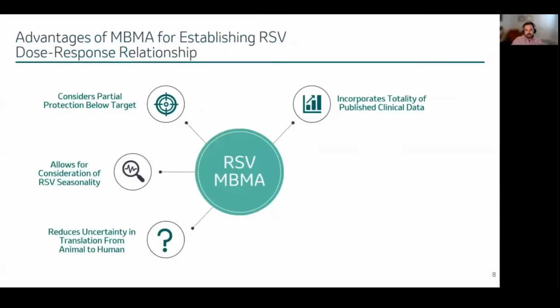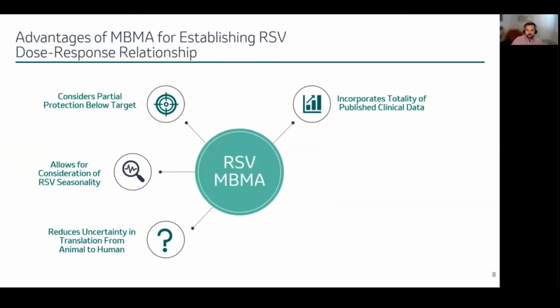Now, in addition to gaining an understanding of your dose response relationship pretty early on in the program, there are also some other advantages of MBMA, and that's because you're using published clinical data, you're really reducing the uncertainty in translating viral load in an animal to clinical outcomes in humans.